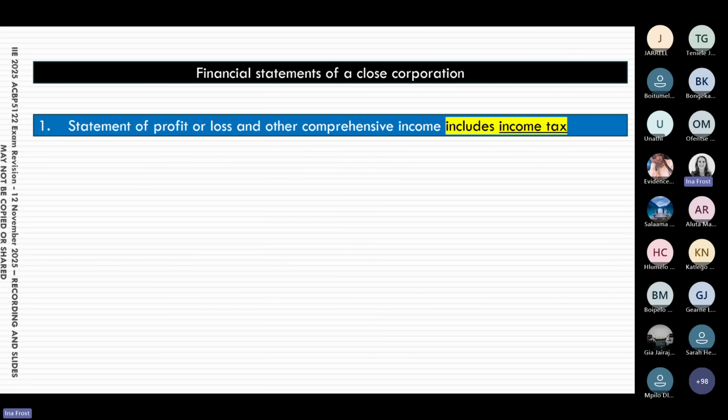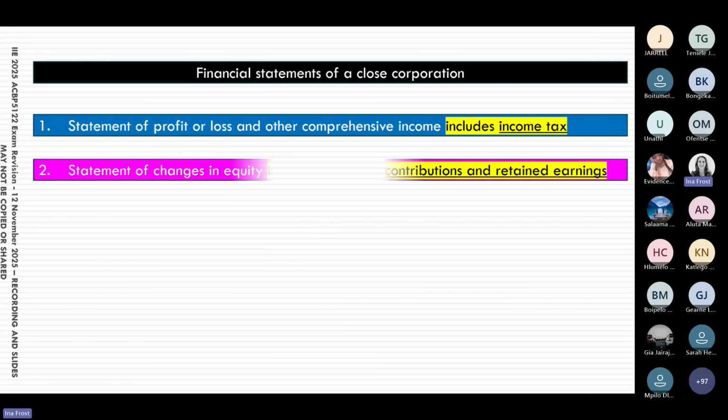So in your statement of profit and loss, when you look in Learning Unit 6, you will see right at the end of the statement, we now also subtract the income tax expense. The rest of the statement looks just like your Learning Unit 4 statement. There's just the addition of the income tax.